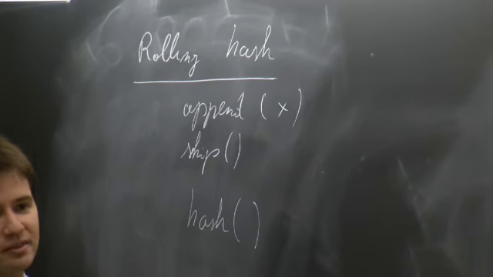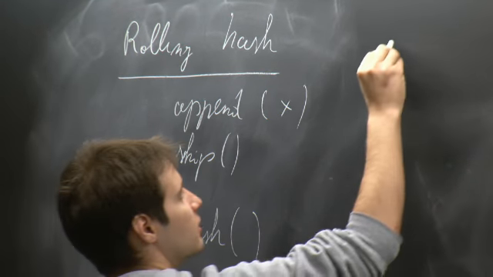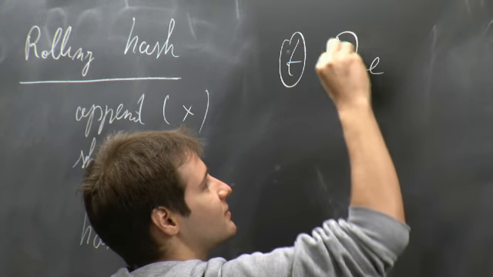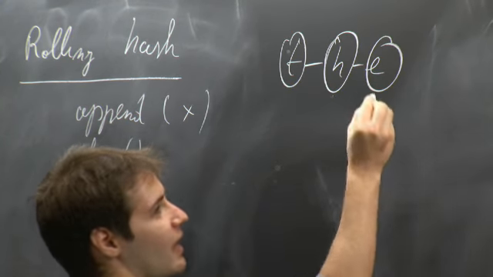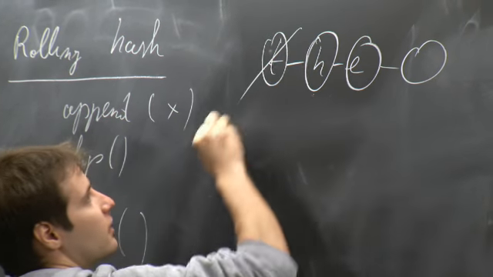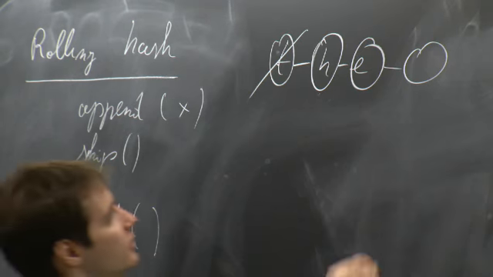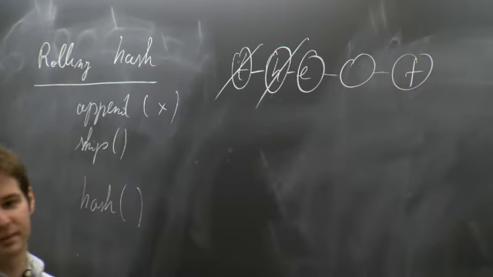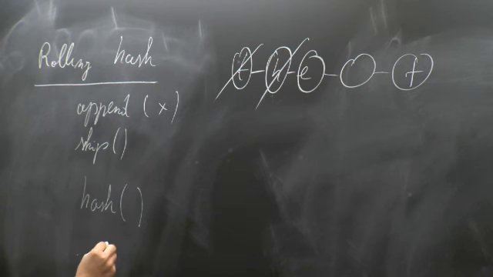So a rolling hash has a sequence of characters in it, right? Say T, H, E. And it allows us to append a character and pop a character. And then it promises that it's going to compute the hash of whatever is inside the rolling hash really fast.